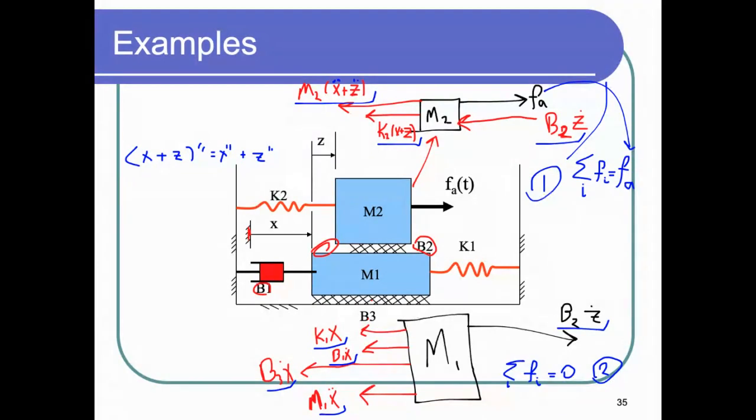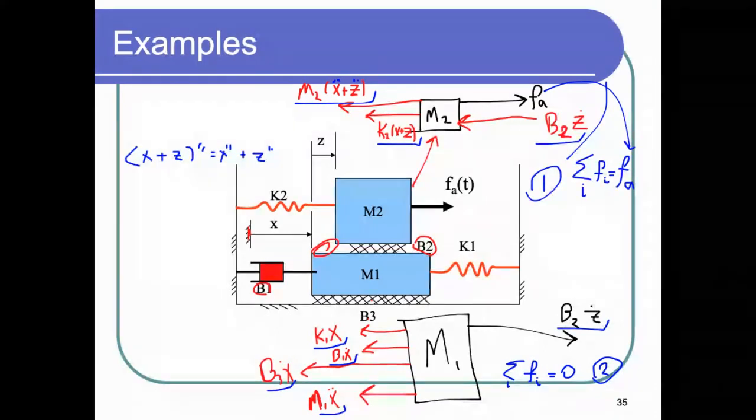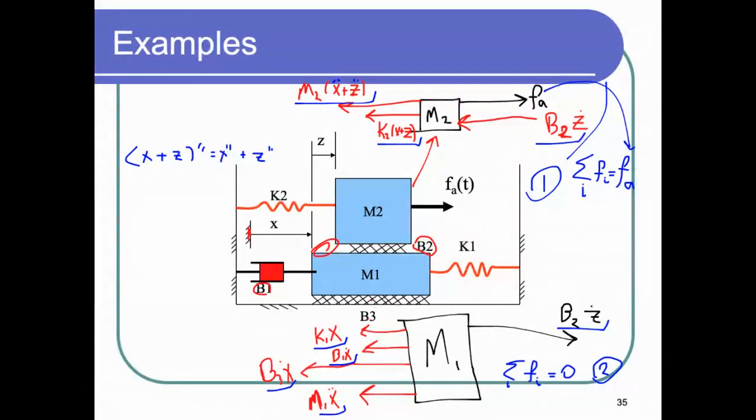Yes, Abdurrahman. Doctor, regarding the friction on M2, it's always opposite to the applied force, right? You can say that, but imagine if there is a third mass on top of M2.